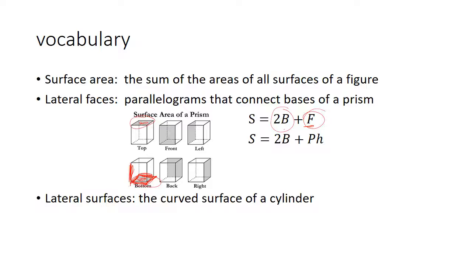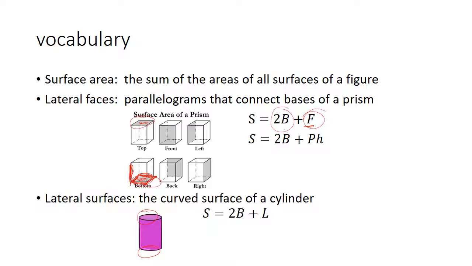If you have a curved surface, it's called a lateral surface. For a cylinder, how it's curved, you can't really measure that with a straight edge ruler. That would be a lateral surface. So the way you would do that is you take your 2 bases, which is your top and your bottom, and since they're circles, we would do pi r squared, and then multiply that by 2.